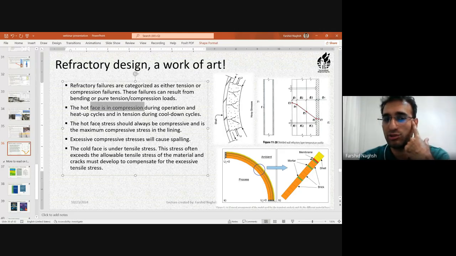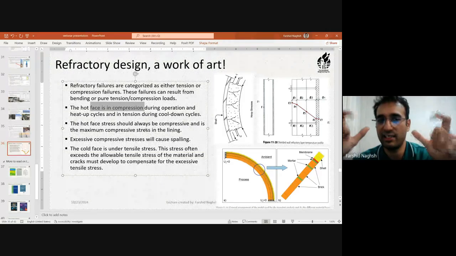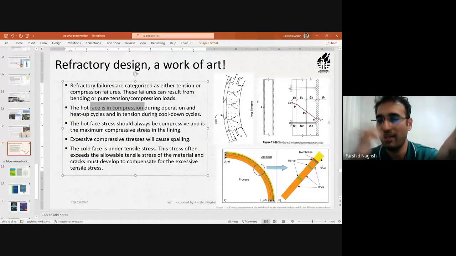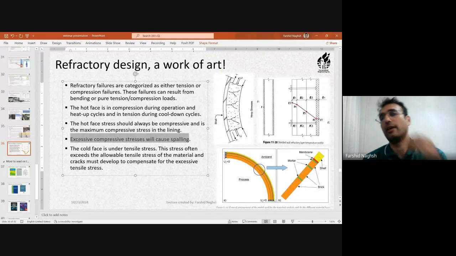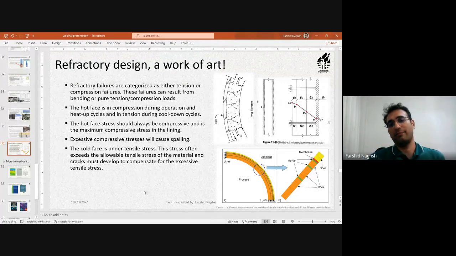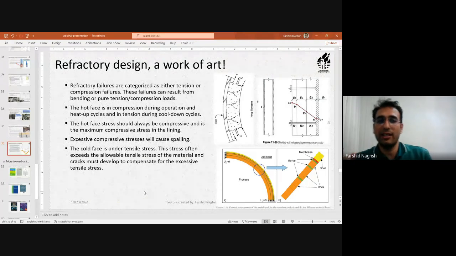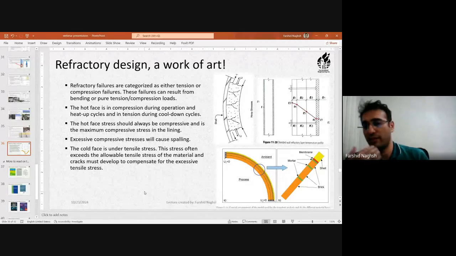And we also have to note that we cannot increase the thickness to increase the compression on the hot face. Excessive compression on the hot face will cause spalling, which is one of the failure modes for refractory. So I think it is very important to have a very deep understanding of mechanics of materials for the mechanical design of the refractories.